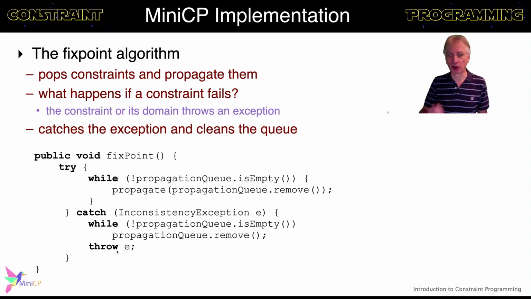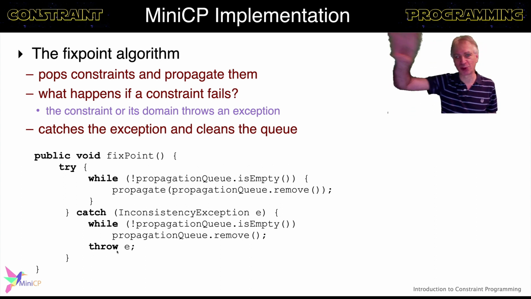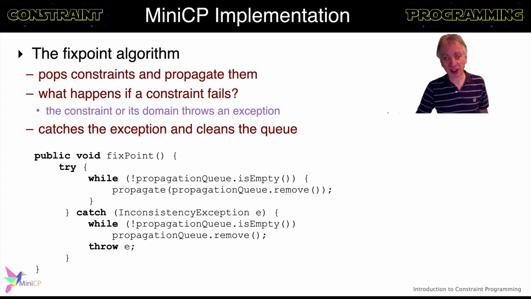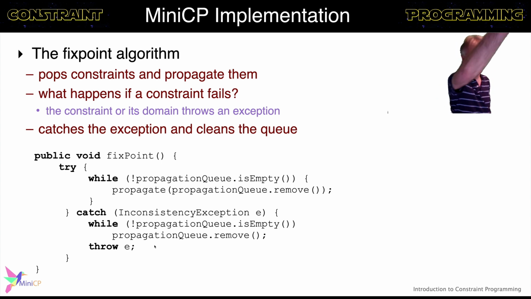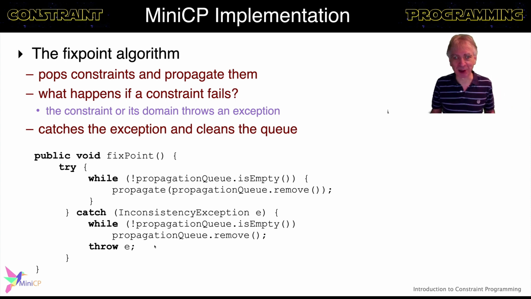And that exception is going to be caught by the search implementation, for instance, depth first search or another search. We'll see that in the subsequent videos. Okay, but here, what the fixed point is doing is that if there is a failure, it's going to catch that failure and stop propagating, clean up the queue, and then throw back the exception such that it's caught by the search procedure. All right, pretty simple, pretty elegant, right?